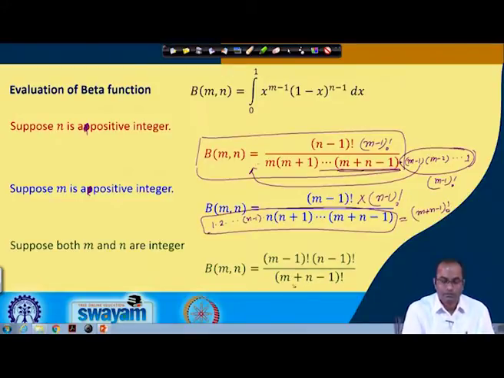So, this is the formula when m and n both are integers. So, this beta function can be written in terms of the factorial: factorial m minus 1 factorial n minus 1 divided by factorial m plus n minus 1.